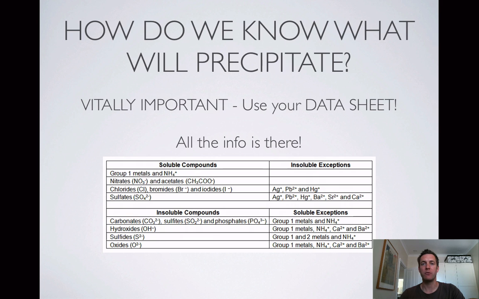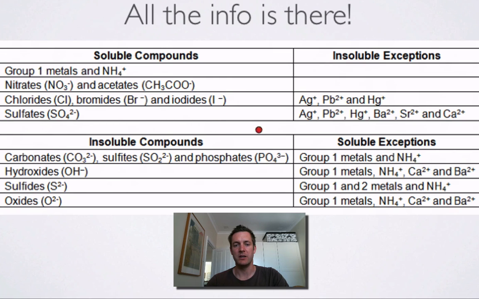How do we predict what will precipitate? Well, I've just been referring to these things on the data sheet. It is vitally important that you use your data sheet. There's no need to try and remember these things. All the information you need is there. Okay? It looks a little bit like this. I wasn't able to cut and paste the exact table that you've got on your data sheet, but if we look here, it says that all group 1 metal compounds and all ammonium compounds are soluble.